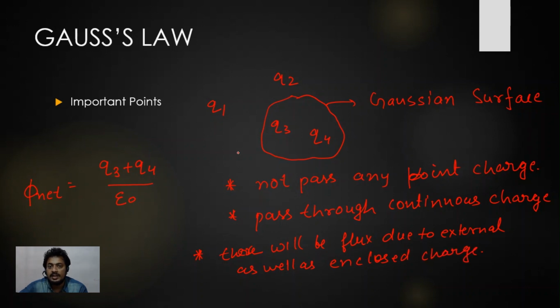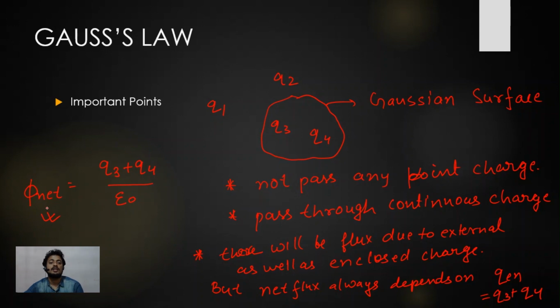Okay, it means through this surface there is also a flux due to q1, q2, q3 and q4, but net flux always depends on q enclosed. So here it is q3 plus q4. Okay, so this is the formula of net flux.